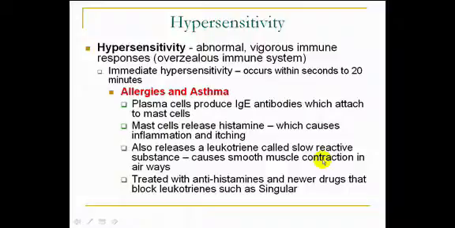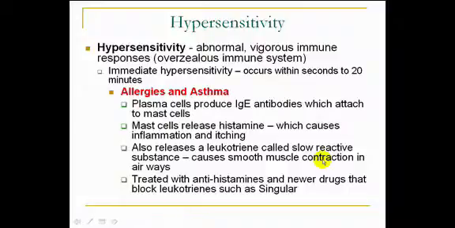Now what happens with allergies and asthma is your plasma cells produce a type of antibody called IgE to that antigen. Okay, so some people are predisposed to having allergies and asthma. It's 50% genetic, and so some people tend to produce IgE. Others might produce a different type of antibody like IgG to that antigen, which wouldn't necessarily cause allergy and asthma symptoms.